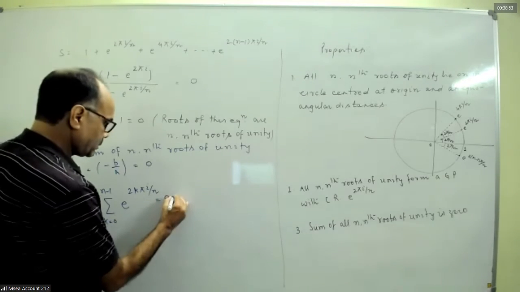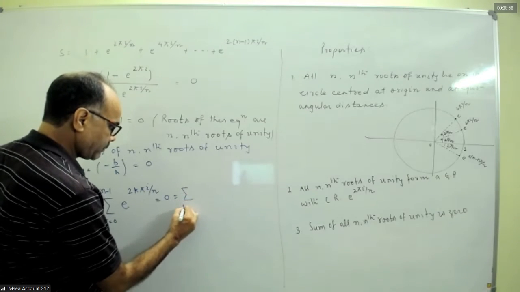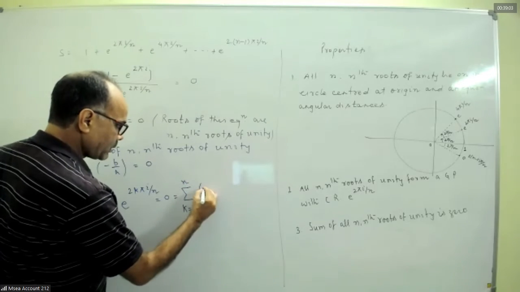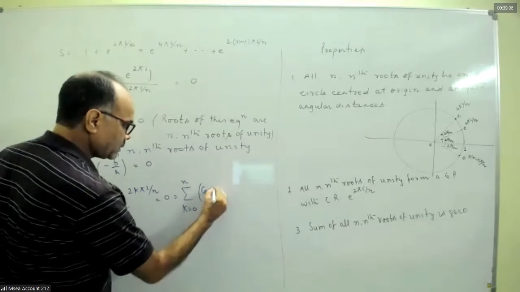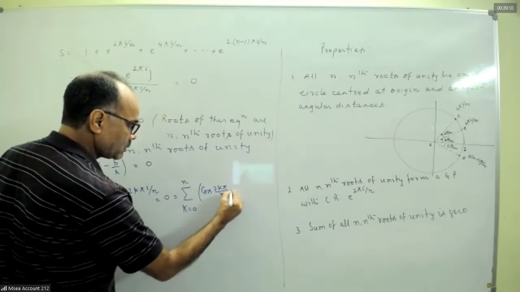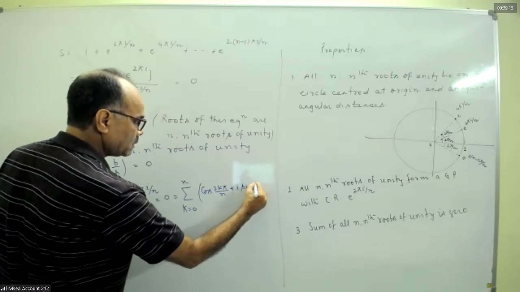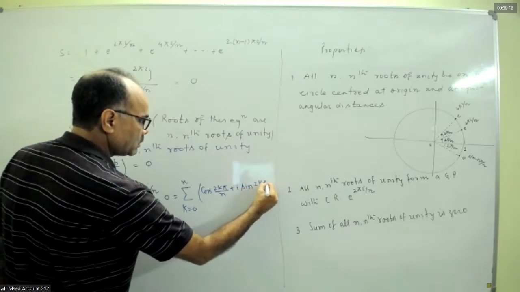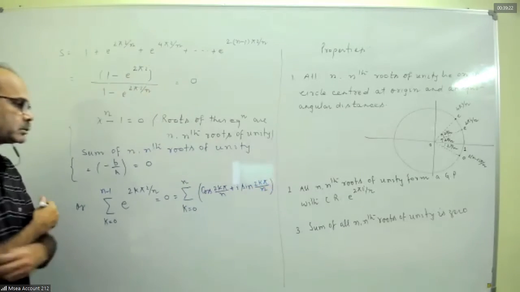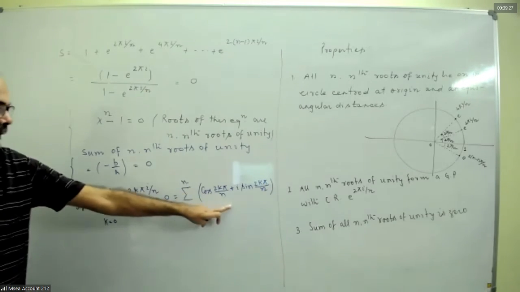Or if you take it in that form, cos 2k pi by n plus i sin 2k pi by n, same thing.